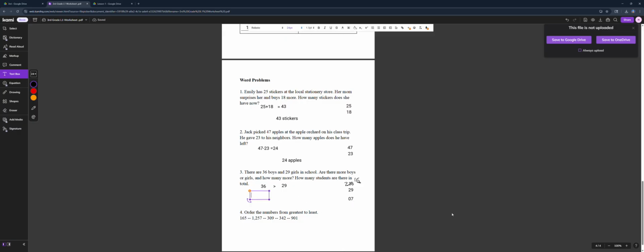So there are 7 more boys than girls. And then how many students are there in total? We're going to do 36 plus 29. We do 6 plus 9 first, so we get 15. Carry the 1 over, so 1 plus 3 plus 2 becomes 6. And so there would be 65 students total.